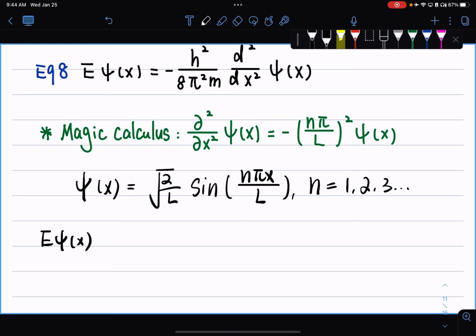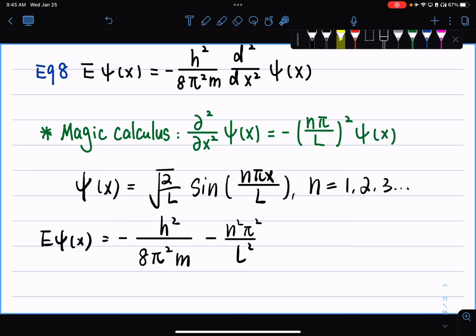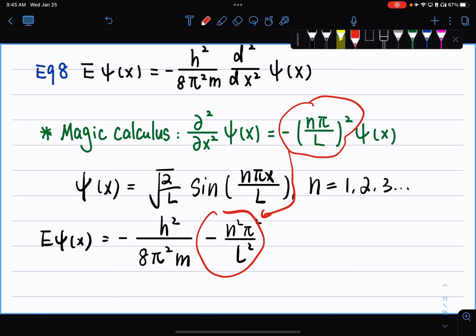E phi x equals negative h squared over 8 pi squared m, and then we have the differential term, which equals negative n squared pi squared over L squared. This part comes from your magic calculus, times phi x. These two are equivalent, I just didn't bother to write it all up.